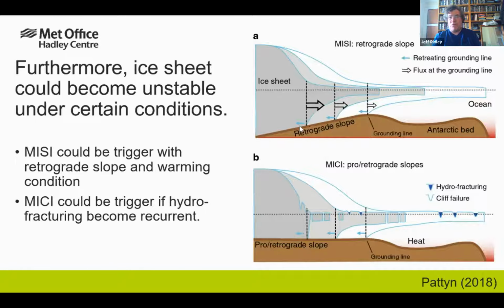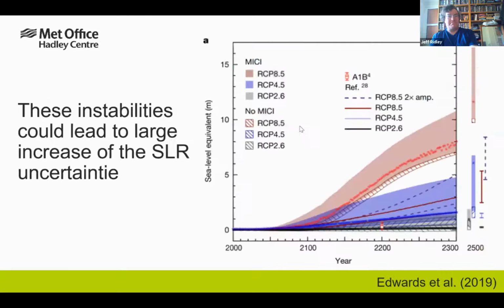They might be triggered in an unreasonable place. So we could get things happening for the wrong reason. And it's these instabilities which have a large uncertainty in the sea level rise.